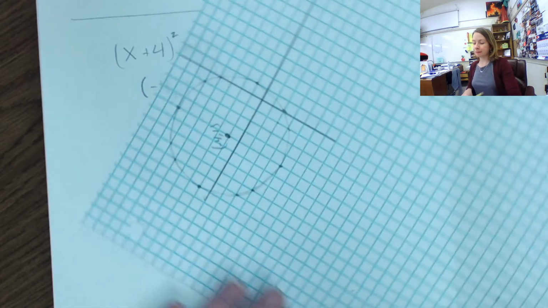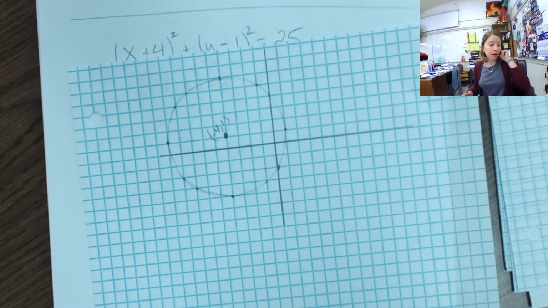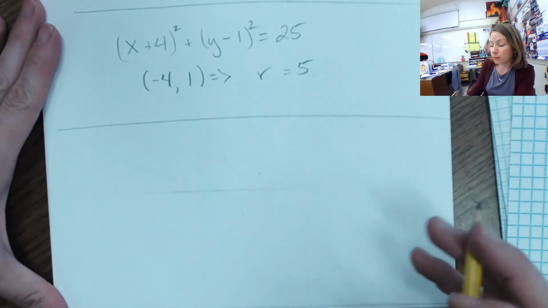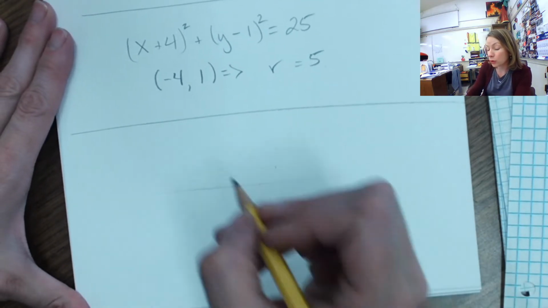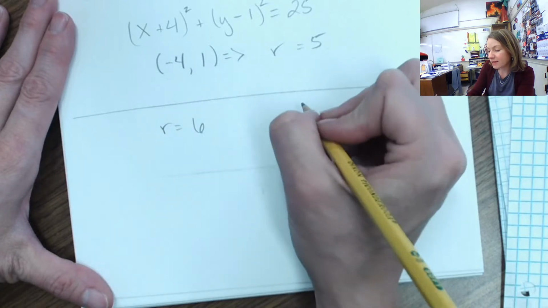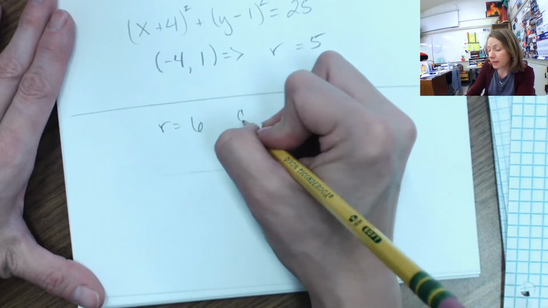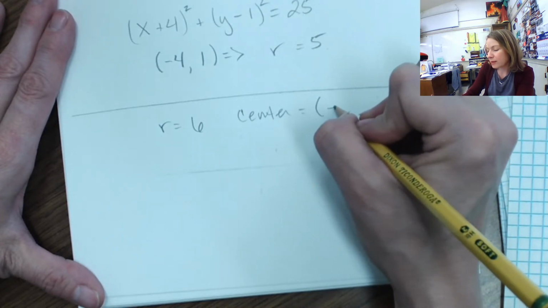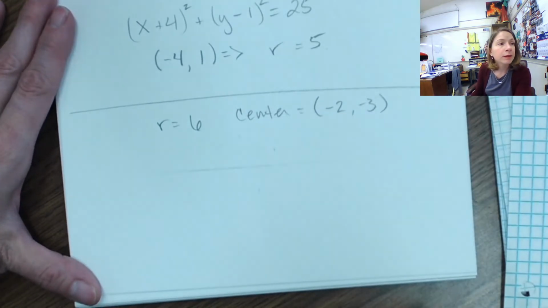Pretty circle. Okay. You might also be asked to write the equation of a circle given certain constraints. So if you know that the radius is 6 and that the center is, let's go with -2, -3.